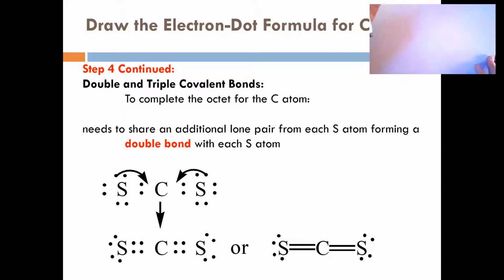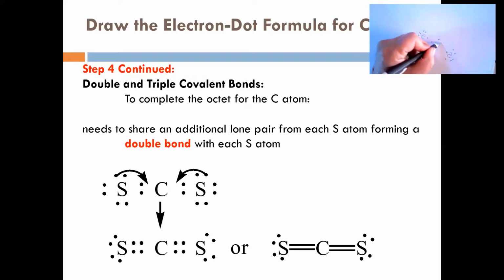But if we're looking at it again, in this case, so we have our carbon atom, we have our sulfurs, and we're sharing. If we thought of it this way, that here's our carbon with its 4 electrons that it has on its own, and here is sulfur with its 6 electrons, and here is another sulfur with just its 6 electrons.